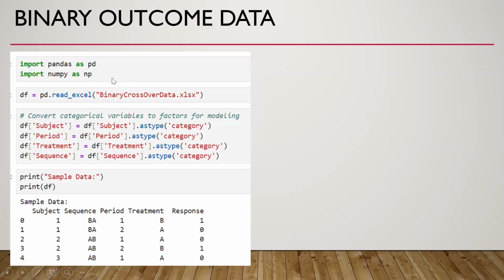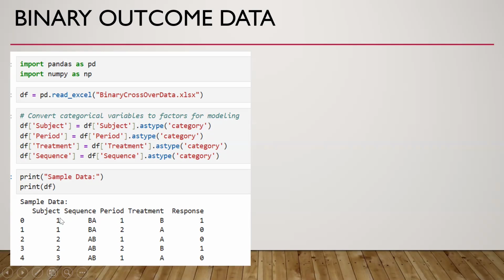So let us say using Python code here, this is our data. We have subject here, we have the sequence, we have the periods here, and we have the treatments here, we have the response here. The response is binary here, it is either 1 or 0.